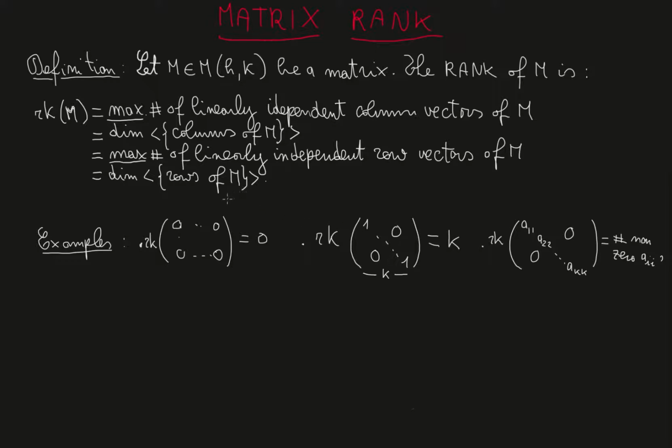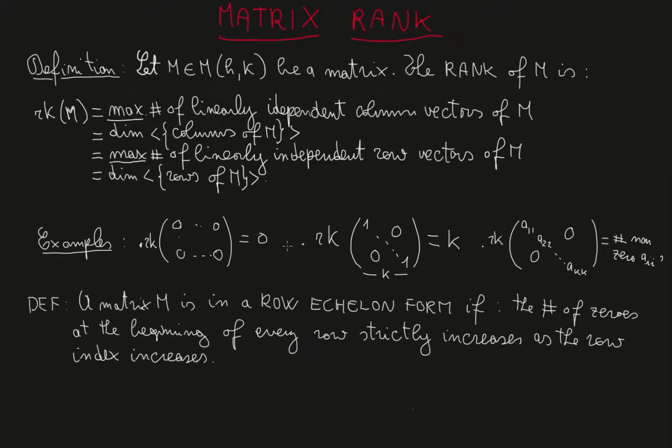Of course, it can be 0 for any choice of h and k, and this is going to be 0 if and only if the matrix is the null matrix. But the maximum rank that a matrix in M_hk can have is the minimum between h and k. Now there are other matrices for which it is very easy to establish what the rank is.